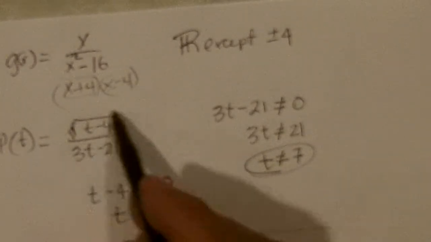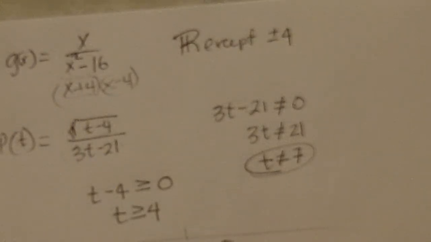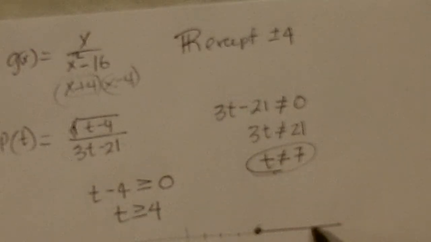So this one, the numerator, says I can use 1, 2, 3, 4 or more. This says I cannot use 7, so I've got to leave out 5, 6. I've got to leave out 7. So I can use everything above 4 except 7.